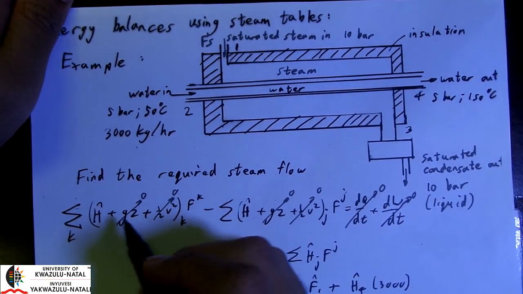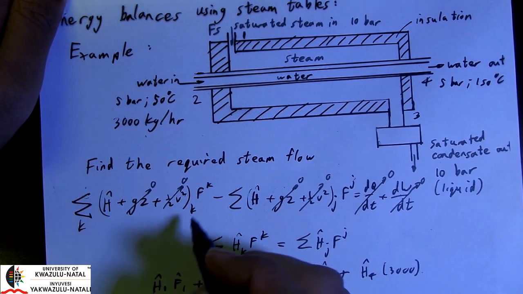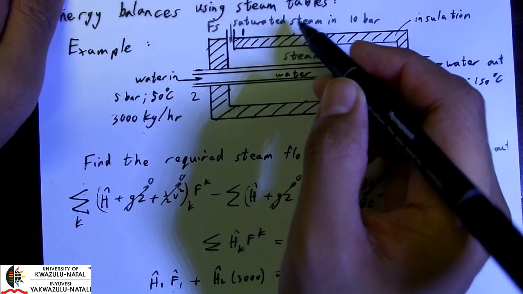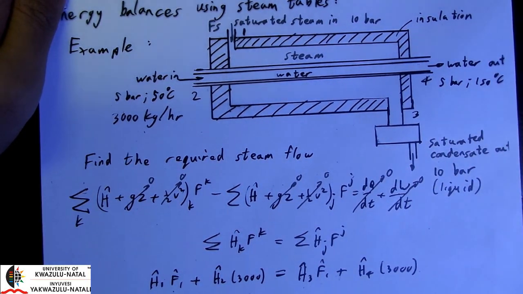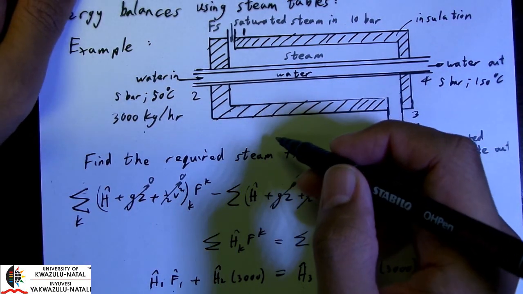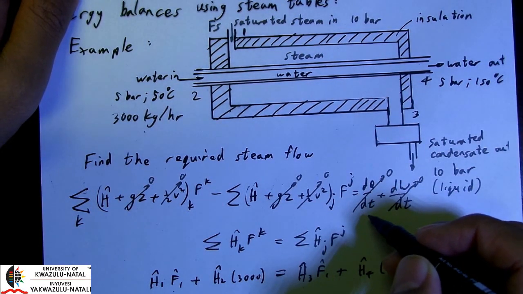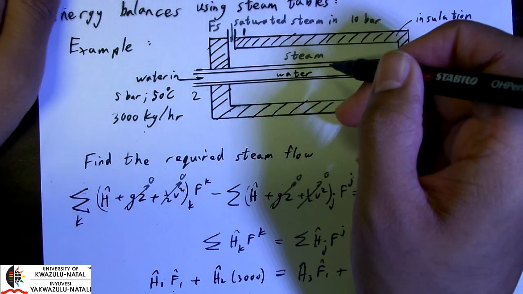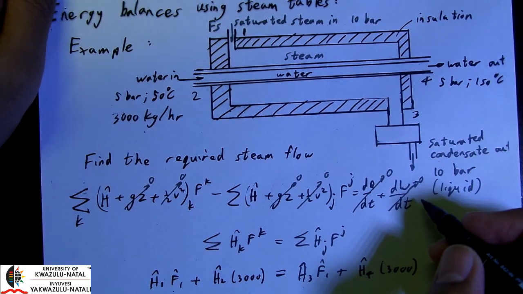Okay, so considering our inputs and our outputs, we have our input streams, which is the water coming in as well as our saturated steam coming in, and we have our output streams, water coming out and saturated condensate coming out. There is no mention of any further heat input, so we can assume dQ/dt is equal to 0, and no mention of any shaft work or any stirring or compressing, so we can assume dW/dt is also equal to 0.